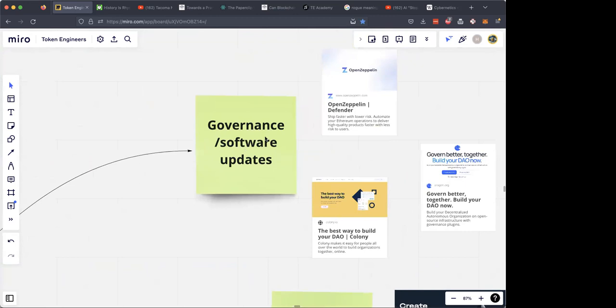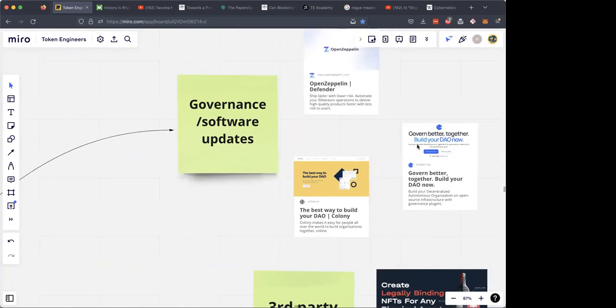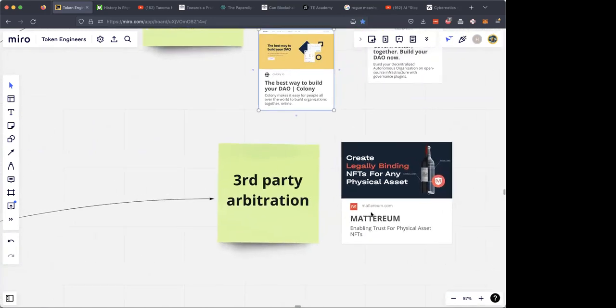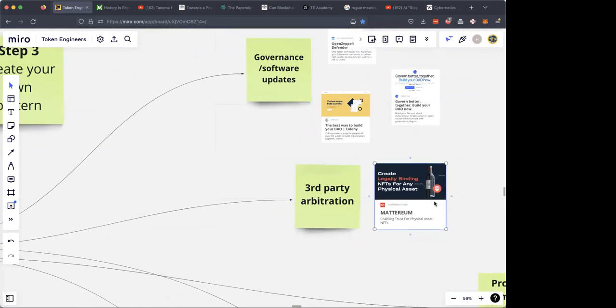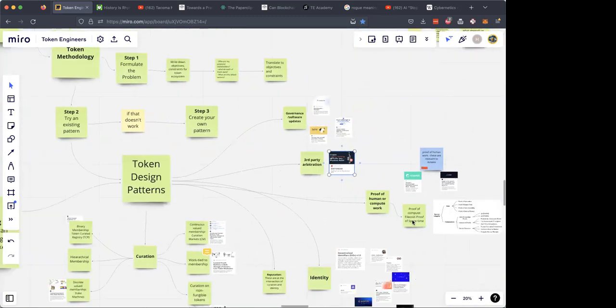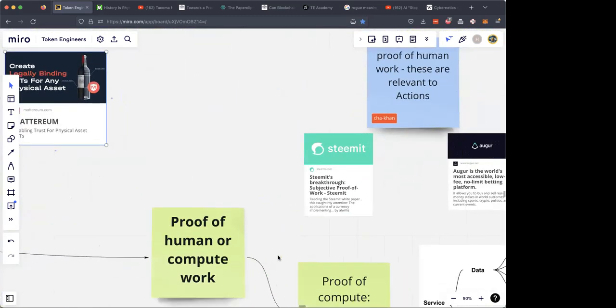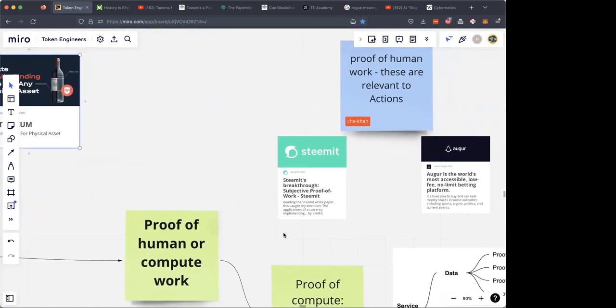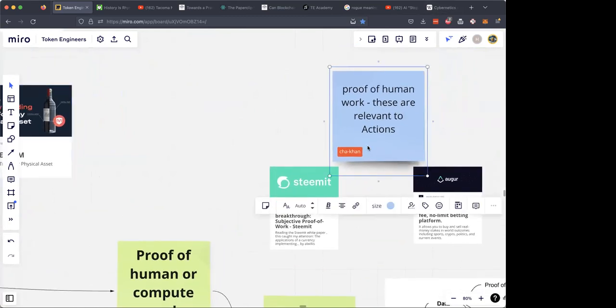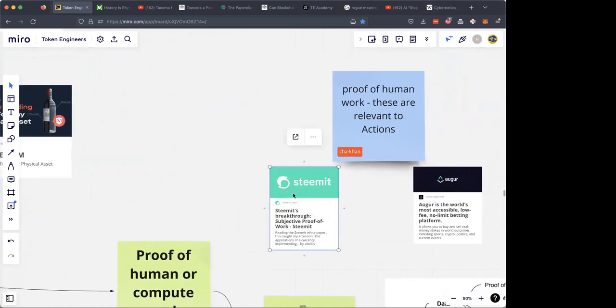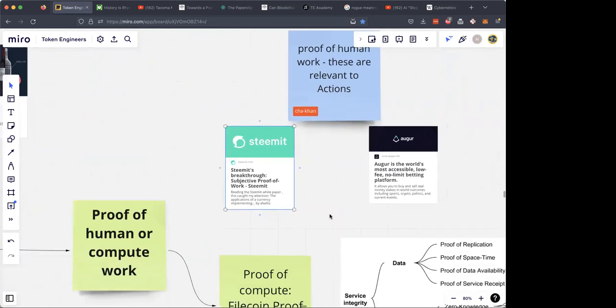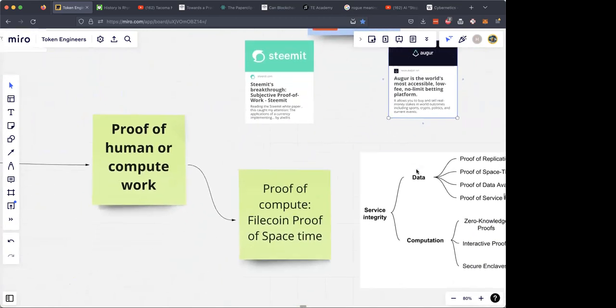But if we're thinking governance and software update designs, there's stuff like Aragon now, Colony now, third-party arbitration. There's this thing called Ethereum. There's proof of human or proof of compute, which is kind of similar to what we have with actions. Steemit is a social media that they're creating. I can't remember what this is.